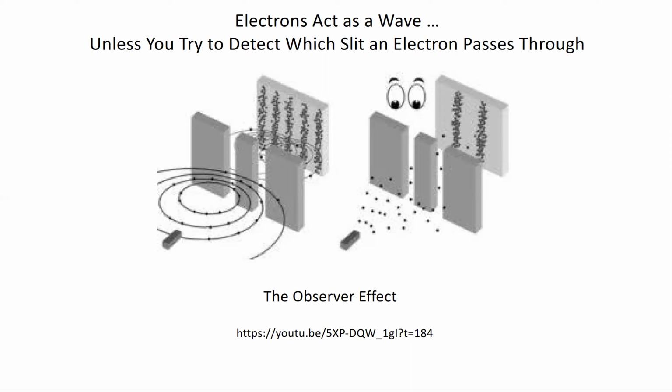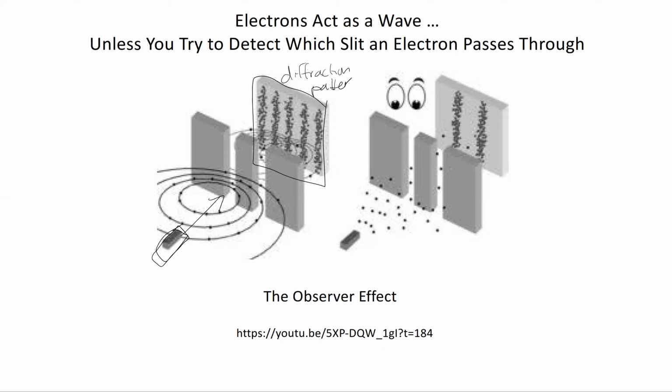So let's go back to our double slit experiment with electrons. We have a source of electrons emitting them at these two slits, and we see a diffraction pattern. We will observe this diffraction pattern when we just collect data over time with an electron source going.